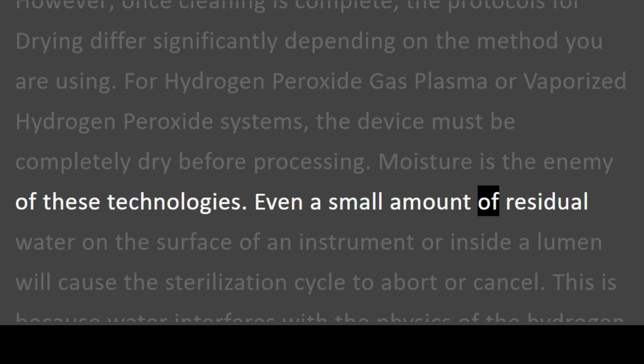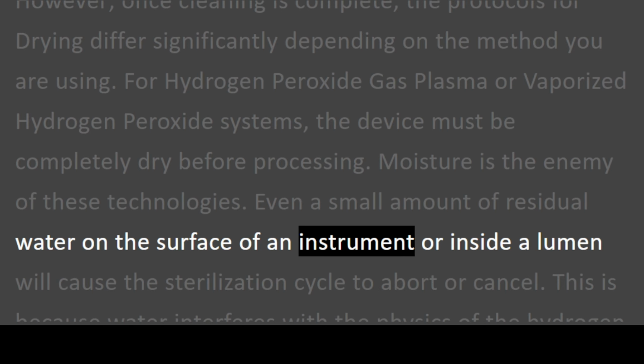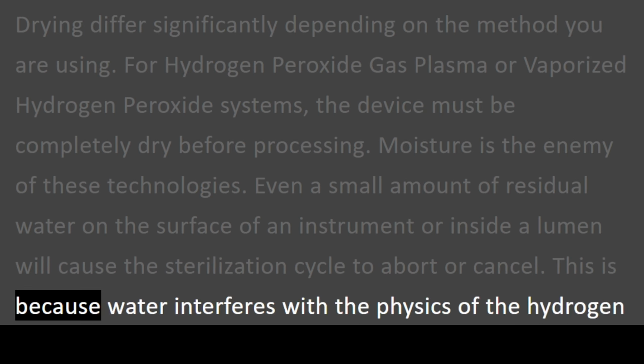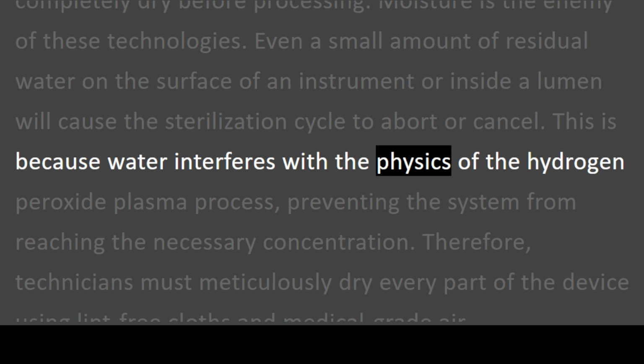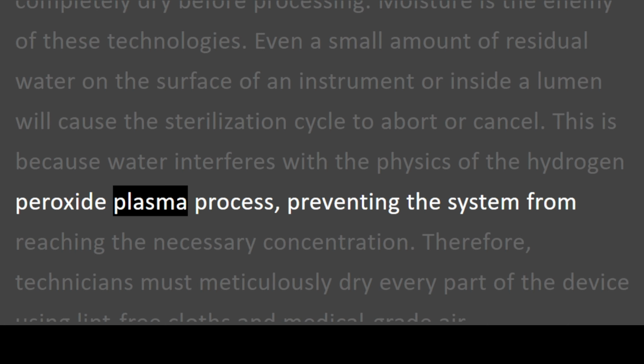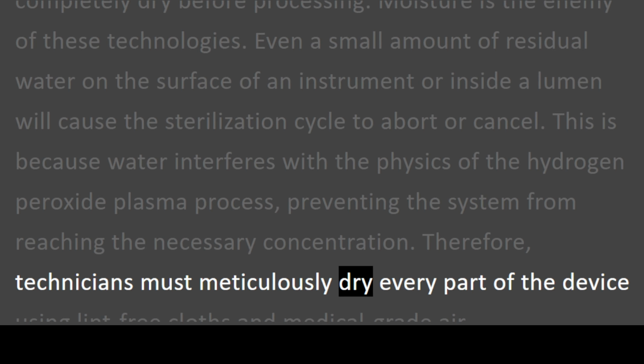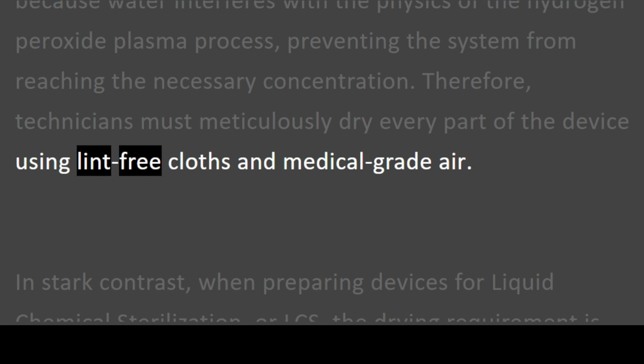Even a small amount of residual water on the surface of an instrument or inside a lumen will cause the sterilization cycle to abort or cancel. This is because water interferes with the physics of the hydrogen peroxide plasma process, preventing the system from reaching the necessary concentration. Therefore, technicians must meticulously dry every part of the device using lint-free cloths and medical-grade air.